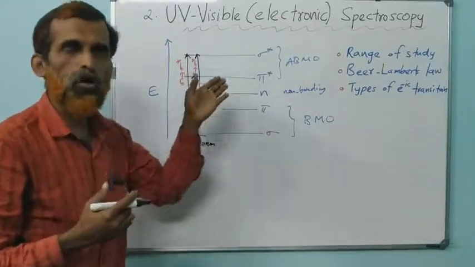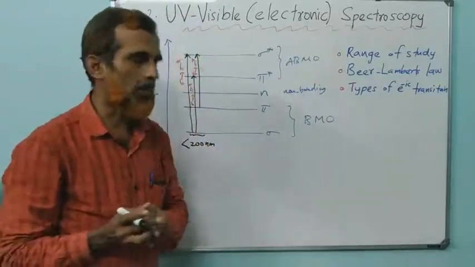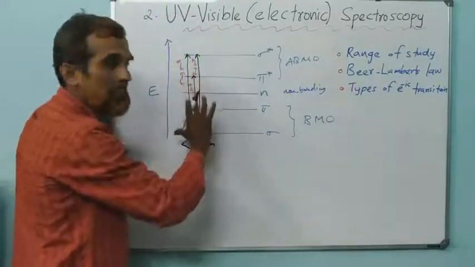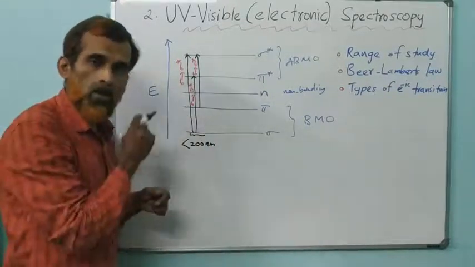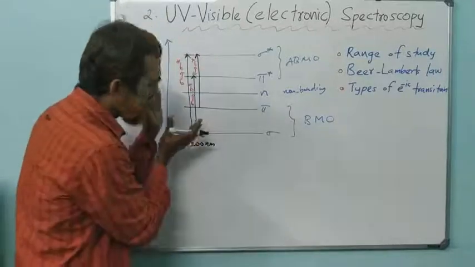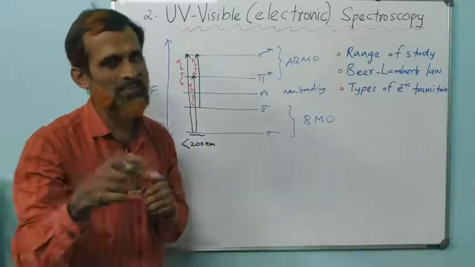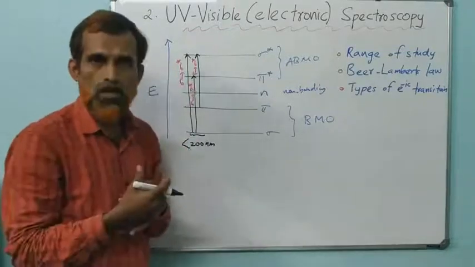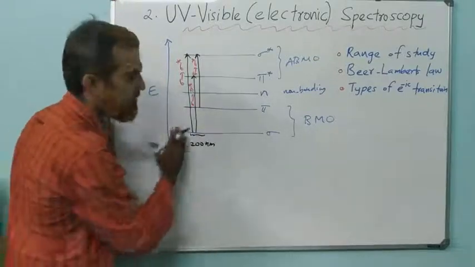When it goes to near UV and visible region, energy decreases. Remember that. So these transitions require absorption of UV radiation below 200, that is vacuum UV. Because of that, this is of less interest. I have told you the reason: this is vacuum UV, you need an evacuated spectrophotometer. So this is of less interest.